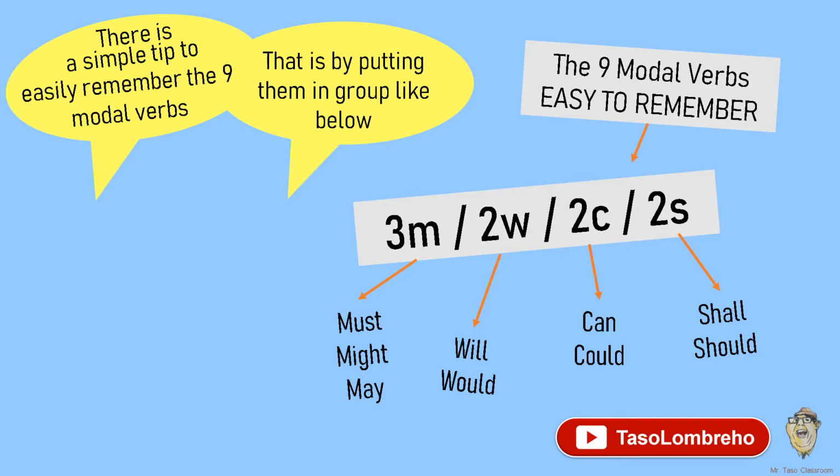That is by putting them in a group like below. 3M, 2W, 2C, 2S. So you group it into 3M, must, might, may, 2W, will, would, 2C, can, could, and 2S, shall, should.